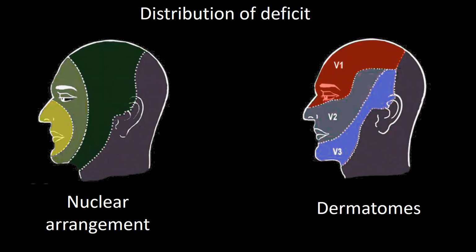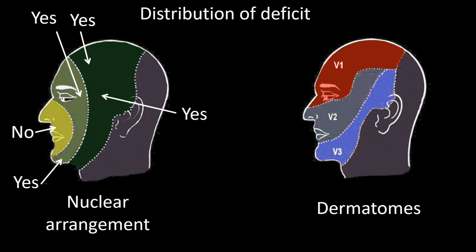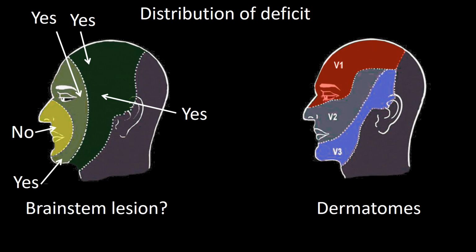Why? Here you can see two facial maps, one corresponding to the nuclear arrangement, the second one to the dermatomal arrangement. Abnormal sensation in the indicated area by the word no, with normal sensation elsewhere, suggests a nuclear lesion. This pattern should prompt a more extensive trigeminal sensory testing and to consider the possibility of a brainstem lesion.